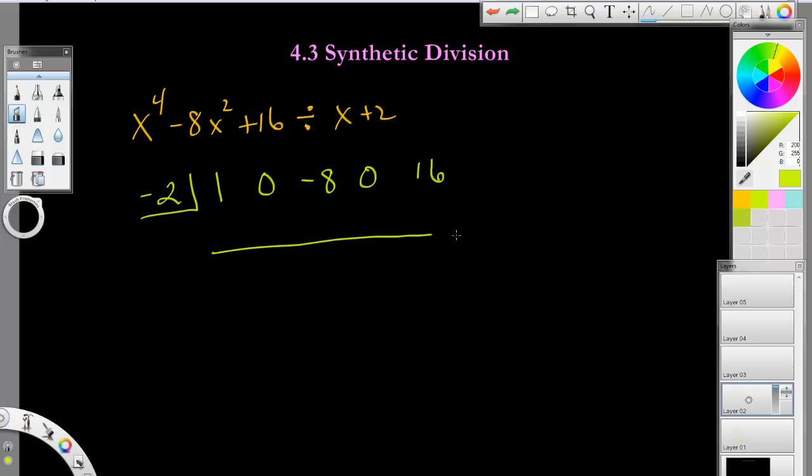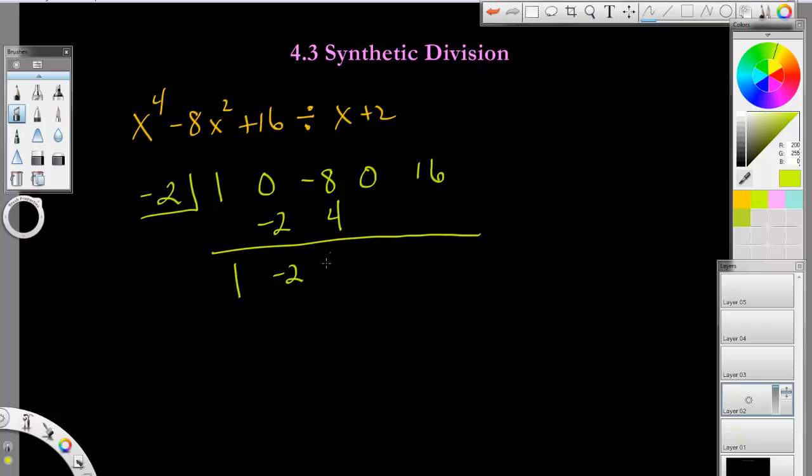Put a line. And if you think you know what you're doing, pause it and try it. If you don't, continue watching. So I'm going to do that. I'm going to put this 1 straight down. And then I'm going to multiply and put the answer here. So that'd be -2. I think if we do this right, it comes out even. 0 plus -2 would be -2. -2 times -2 would be +4.